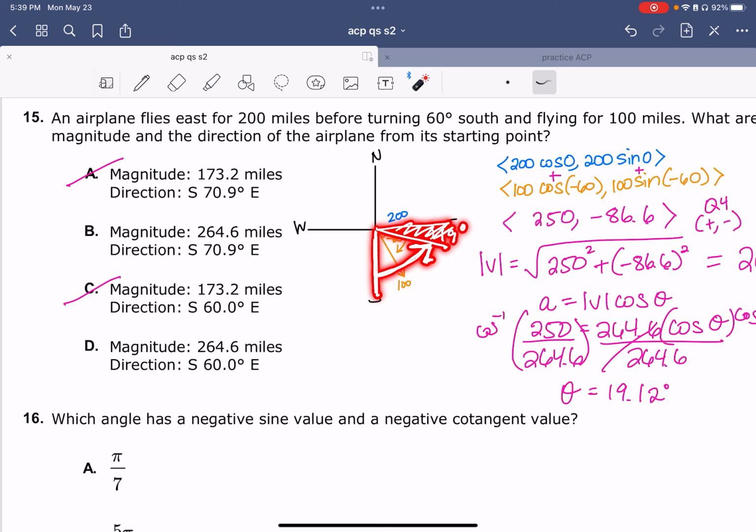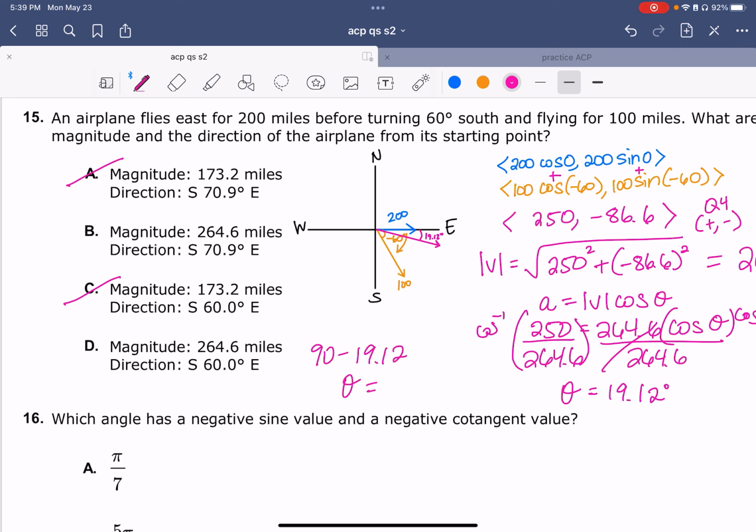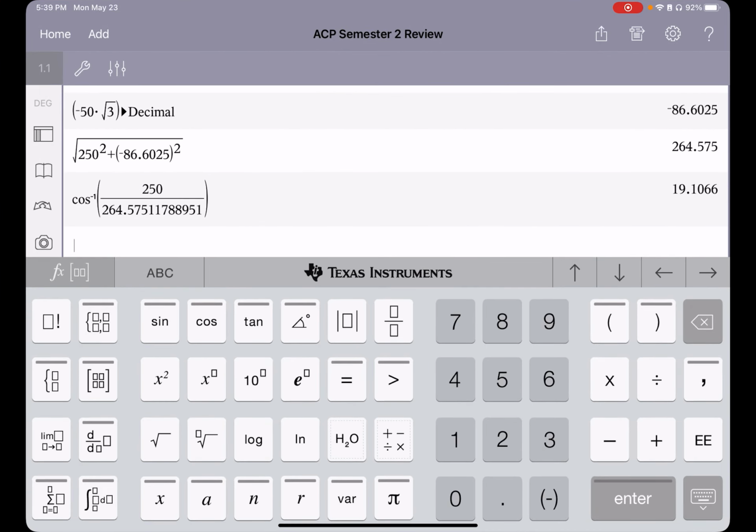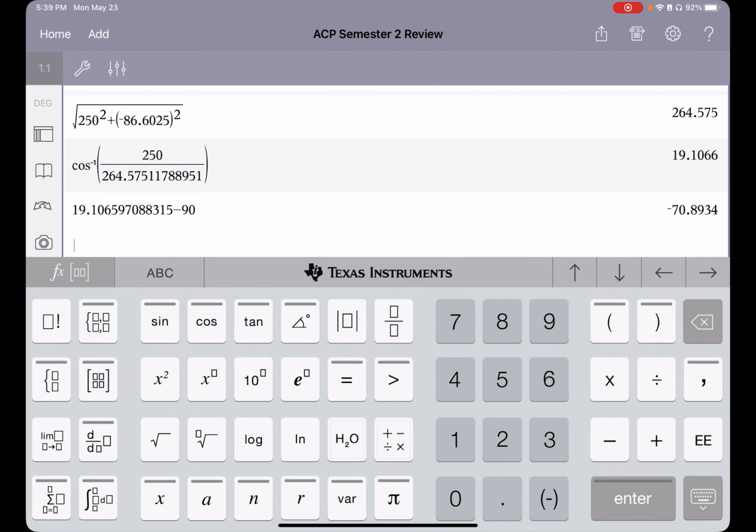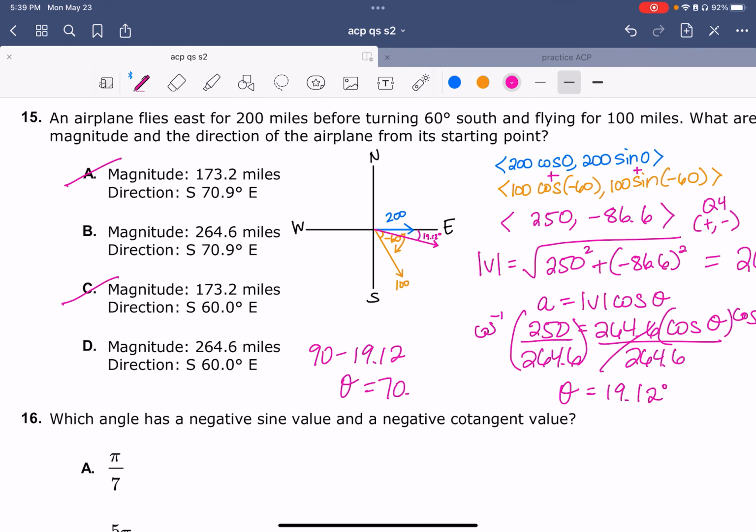So if you take this 19 degrees away from the 90 degrees, you'd be left with the actual angle that we want. So we're going to do 90 minus 19.12. And so for the angle, you get 70.89, which rounds up to 70.9. So the answer is B as in boy.